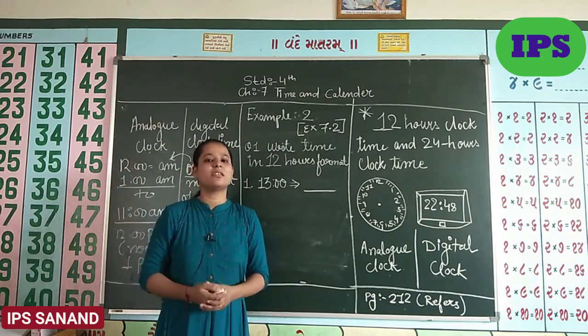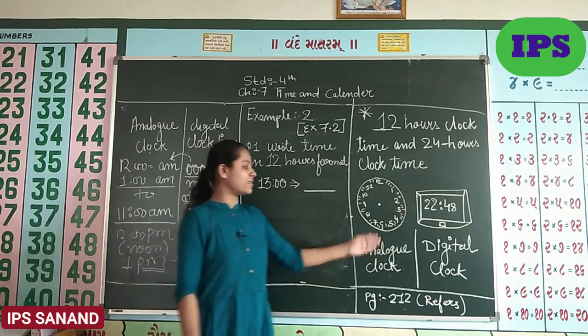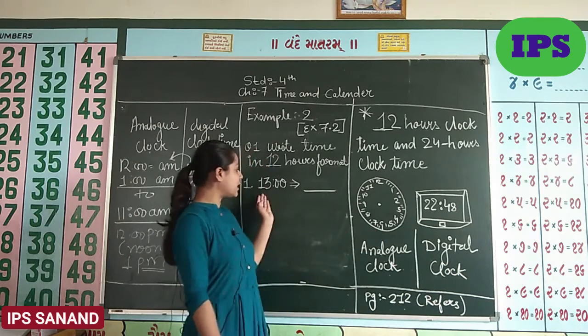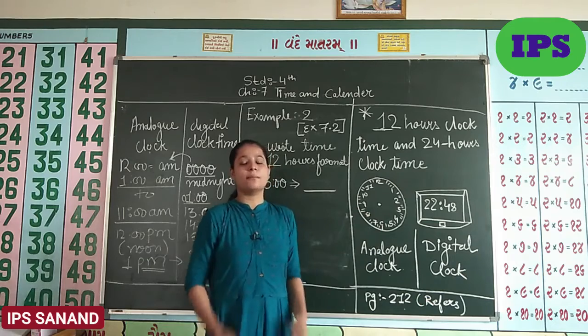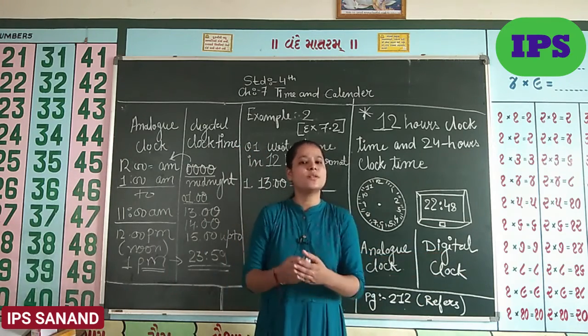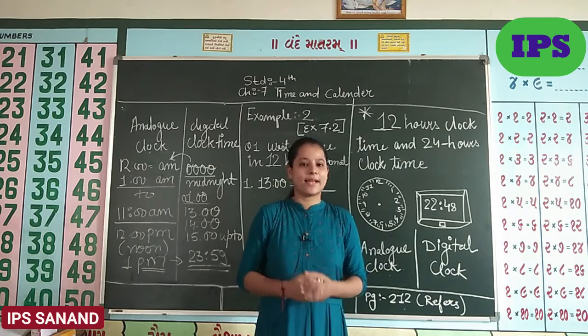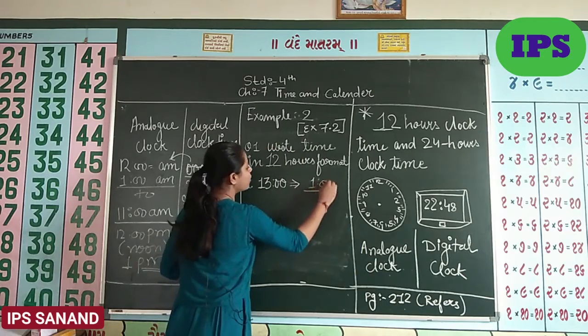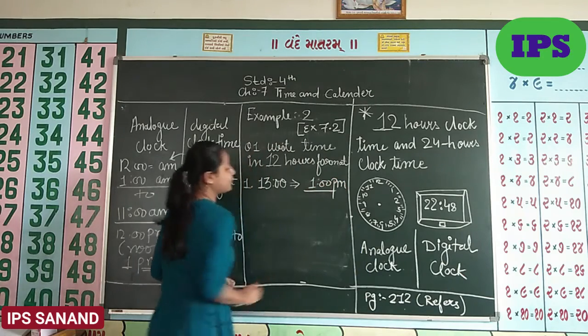Have you ever seen 13 as time in our analog clock? No, we haven't seen 13 in our analog clock, but you can see 13 in our digital clock. So what will be the time? Exactly, it will be 1 o'clock PM.